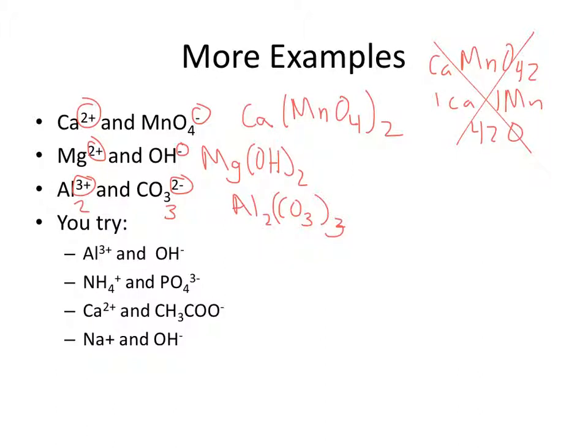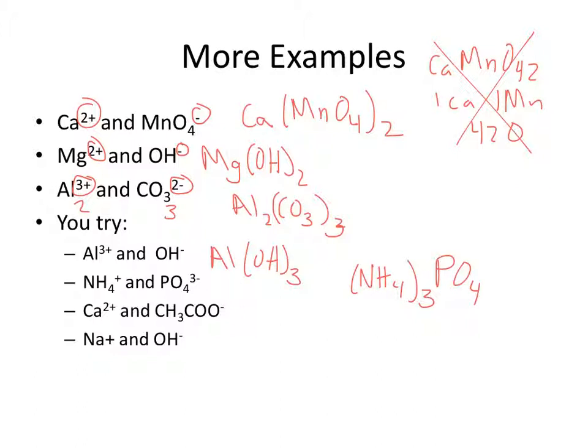There, all right. Aluminum hydroxide will be Al, parentheses, OH, 3. Ammonium phosphate will be parentheses, NH4, 3, PO4.